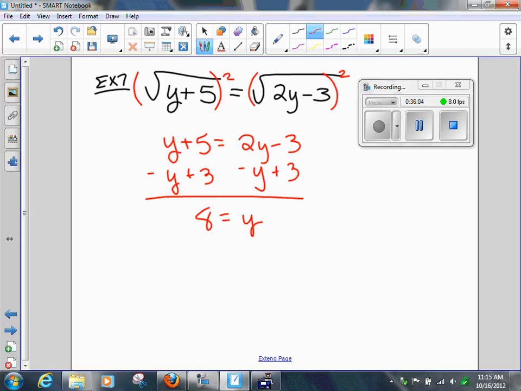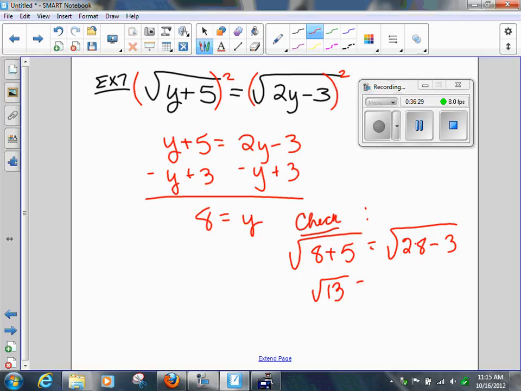How many of you had that? All right, did you check it on paper? How many of you checked it on paper? There we go. How many of you checked it in your head? Look. Here we go. I'm going to throw it in the original. 8 plus 5 equals 2 times 8 minus 3.